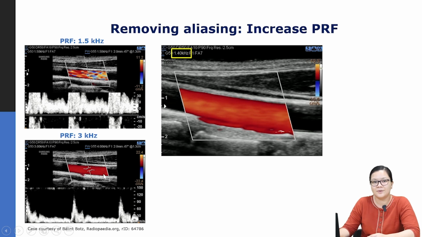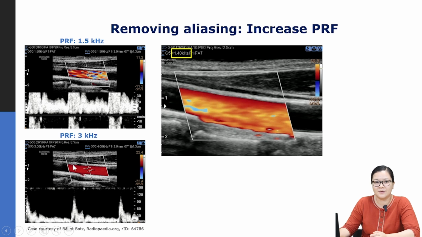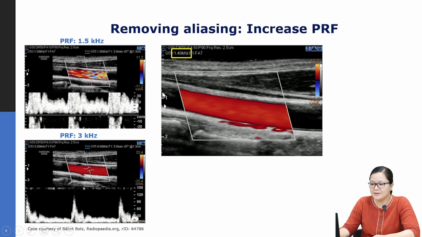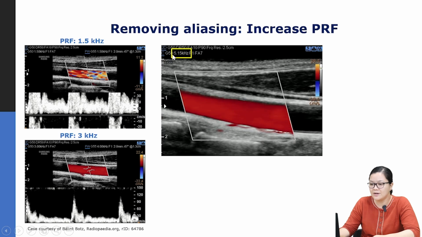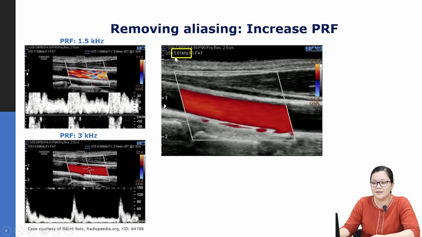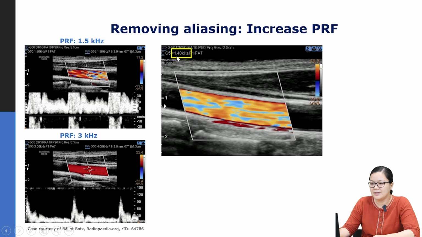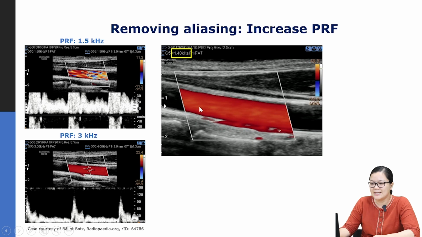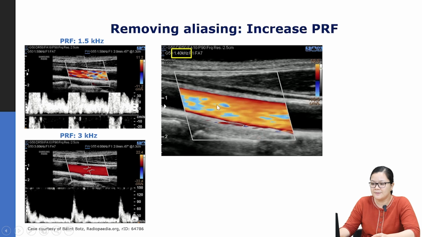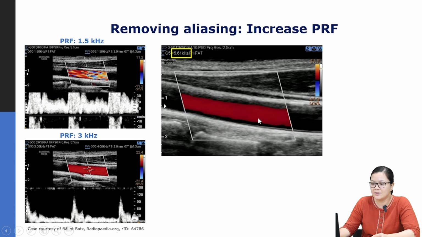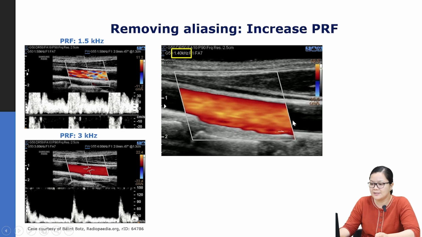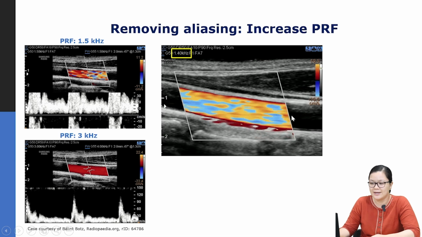And in color Doppler, you can see a smooth profile of blood flow right here. And here, this is a nice video showing that if you increase the pulse repetition frequency, you can see the transition of this aliasing artifact. Once we increase further, as the blood is flowing, you can see that the color aliasing artifact has now disappeared. So this is one such way you can remove aliasing.